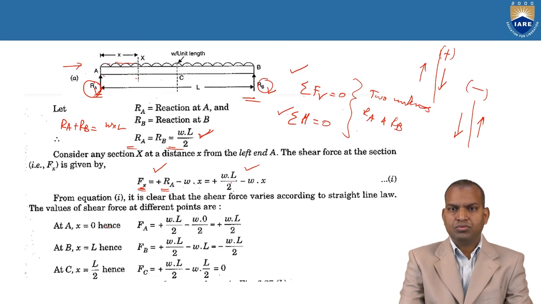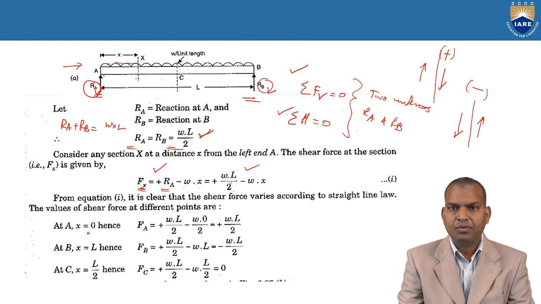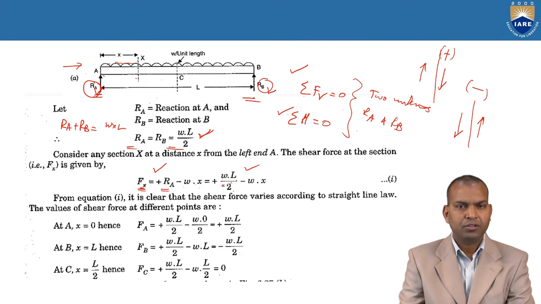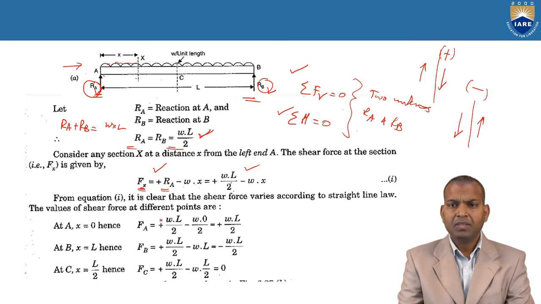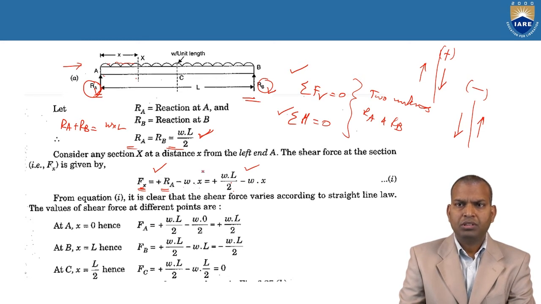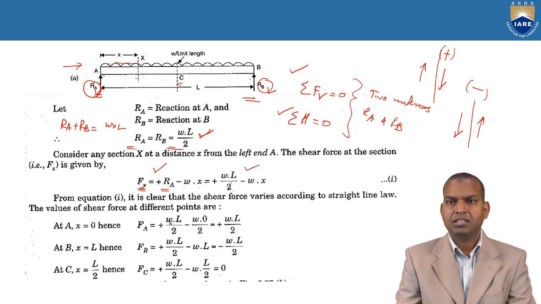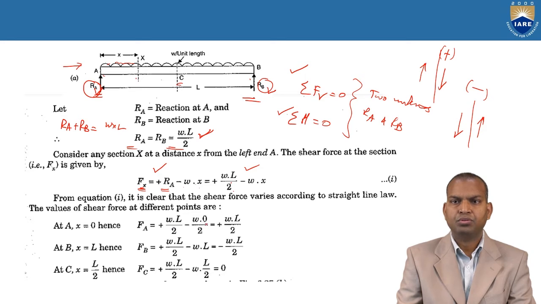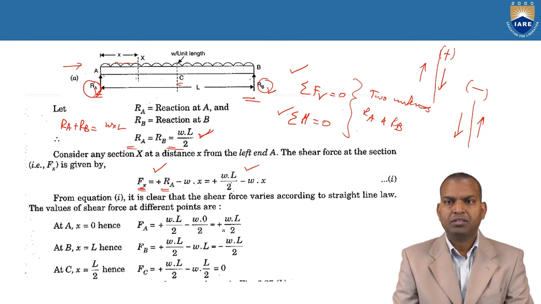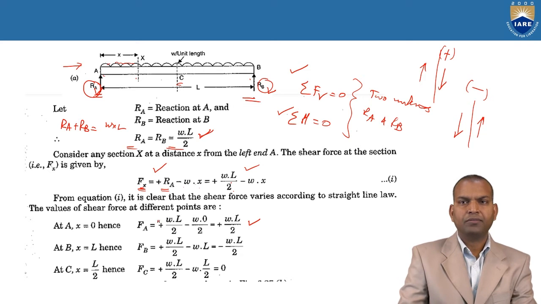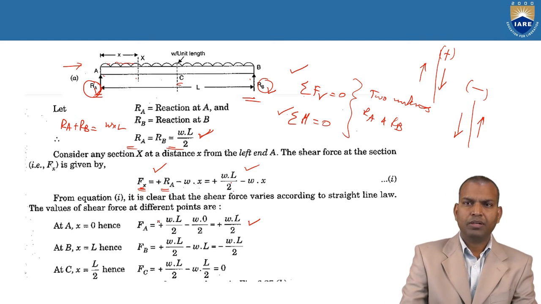So at x equals 0, x equals L by 2 and x equals L, if we substitute here, we directly get the shear force value. x equals 0 is point A, x equals L by 2 is point C, and x equals L is point B. So x equals 0: wL by 2 minus w into 0, that is wL by 2. The shear force at point A is wL by 2.